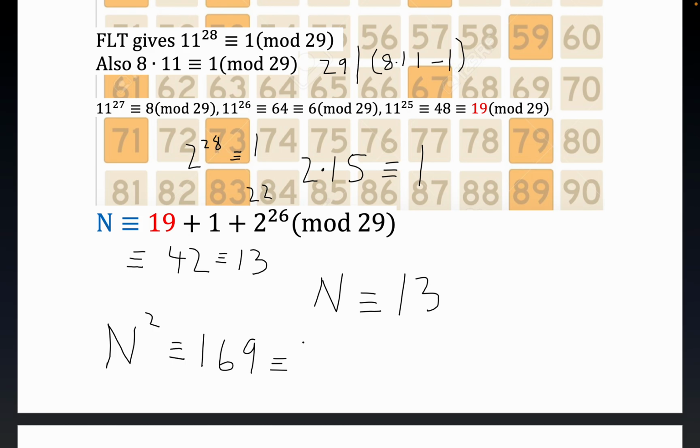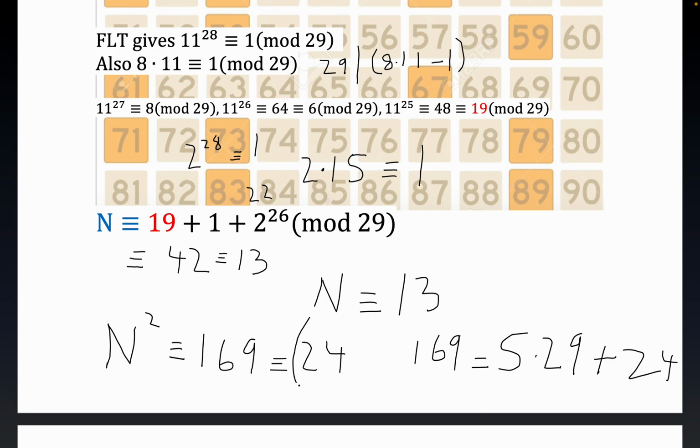This is congruent to 24 since 169, and I think you just have to do this one directly. 169 is equal to 5 times 29 plus 24. 5 times 29 is 145, and 145 and 24 is 169. So 169 is 5 times 29 plus 24. Like that. So y'all, that's our answer right there.